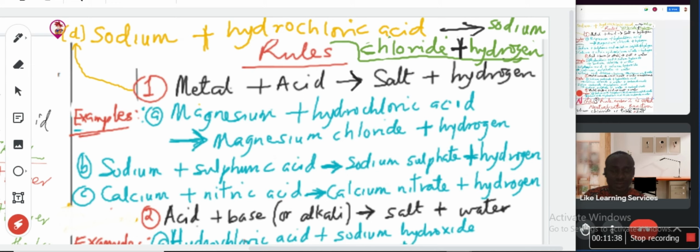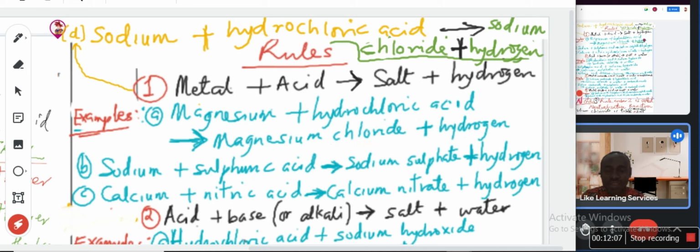Sodium plus sulfuric acid equals sodium sulfate plus hydrogen. When you are working with sulfuric acid, it's going to give something sulfate, like metal sulfate, then plus hydrogen. If you're working with hydrochloric acid, it's going to give metal chloride, then plus hydrogen.